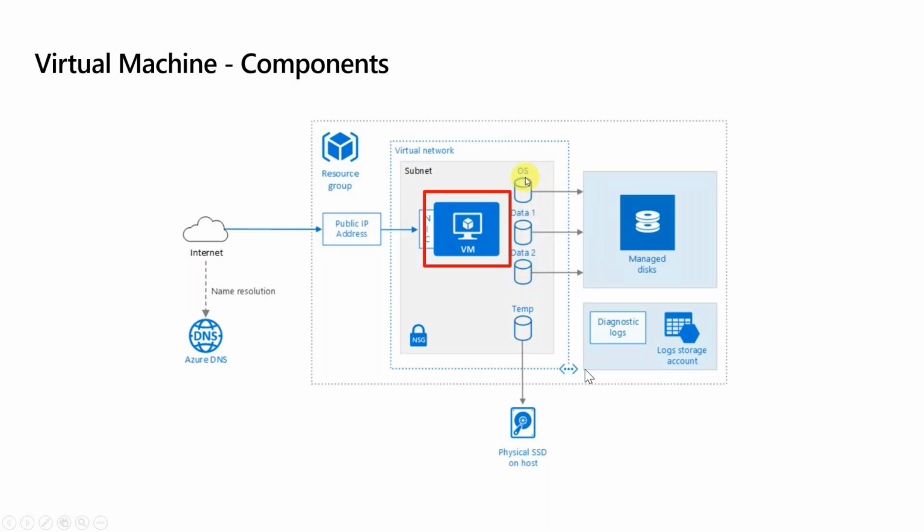OS disk, obviously we all know it is the C drive, and then optionally you can add data disks. OS disk is obviously mandatory. So whenever a VM is created, it must also have an OS disk, which is the C drive, and optionally you can create disk 1, disk 2. Okay, these are optional. So all these are called managed disks.